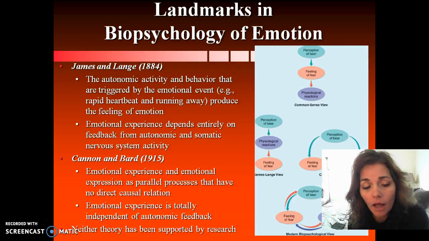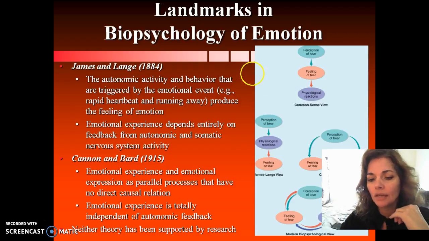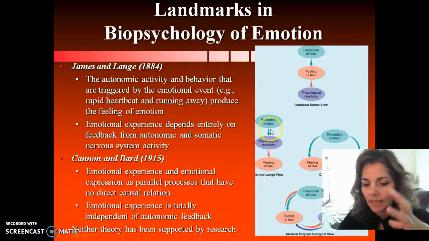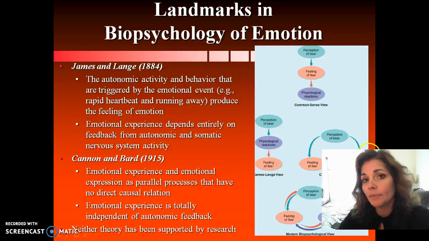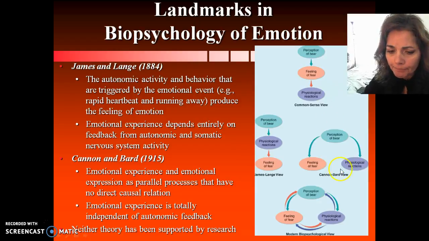Cannon and Bard had an alternative viewpoint, and they suggested that one doesn't necessarily follow the other, so it's not sequential as you see in James-Lange theory, but it's more simultaneous, where both the feeling of the fear and the physiological reactions are happening concurrently.